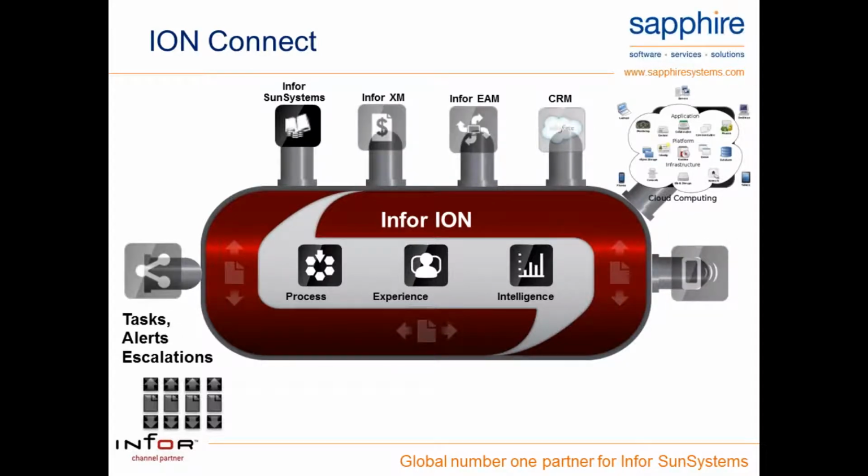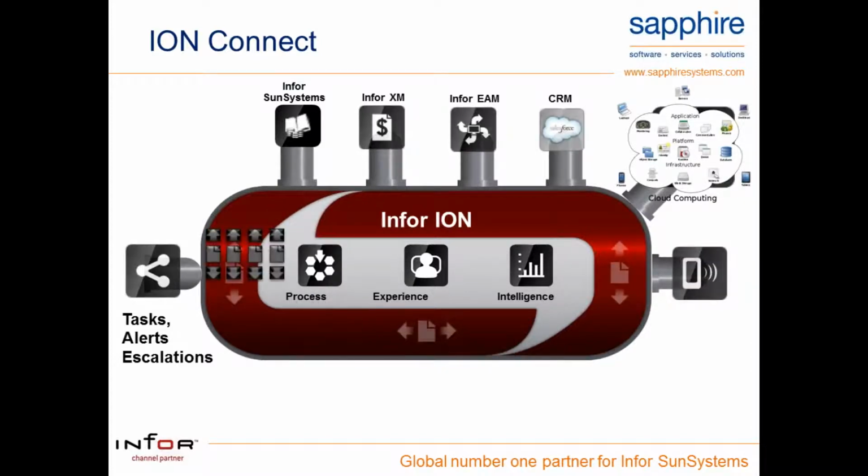And I guess in terms of data flowing around the system, if we think of the data being messages, if we look here, we've got a message that gets passed into our system, and it could be from Sun Systems or from any of the other applications at the top there. So if we have a message that comes from Infor Sun Systems, for example, a new supplier account being created, we might want that to go straight into our asset management system so that we can start ordering spare parts from that particular supplier.